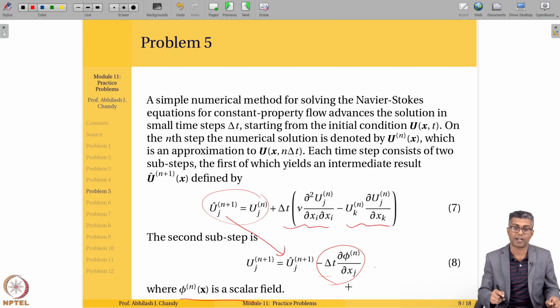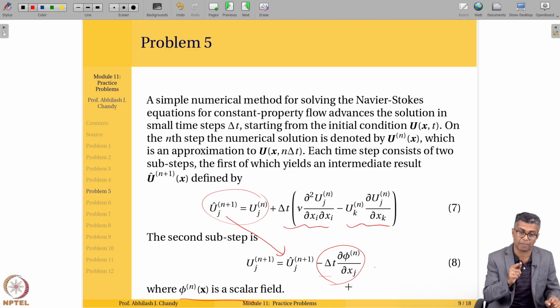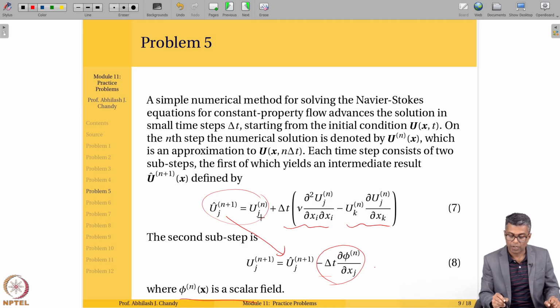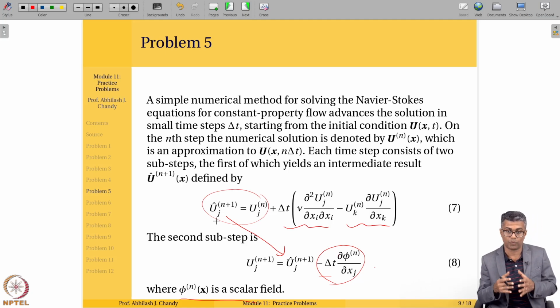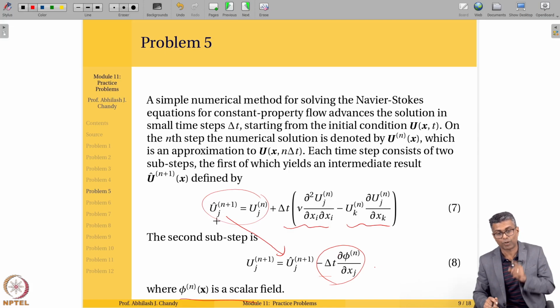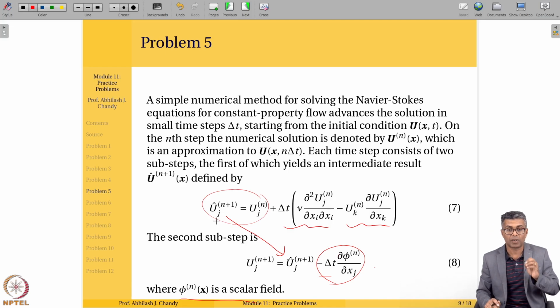But the pressure is not coming in the intermediate step, in the first sub-step. So here you have u hat n plus 1, which is the intermediate velocity calculated based on the first sub-step, and clearly pressure is not in there. So that was the answer to the first question. How does it relate to the Navier-Stokes equations? It is related because the pressure term is absent.